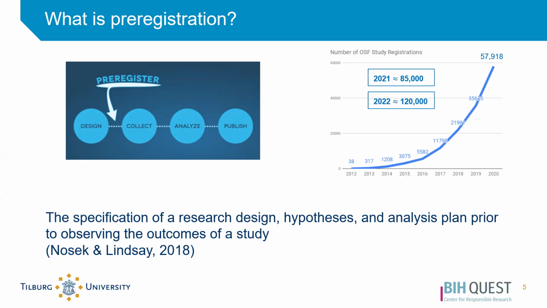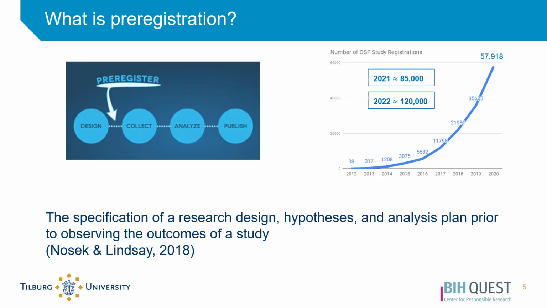So at the top left, you can see this more visually, where there's a research timeline, so to say. And well, first you design a study based on what you want to know. Then comes the point of pre-registration. So you basically pre-register this design, your research plan. And only after you did that, then you collect the data, analyze the data, and publish your results. So this is where it's located in the timeline.